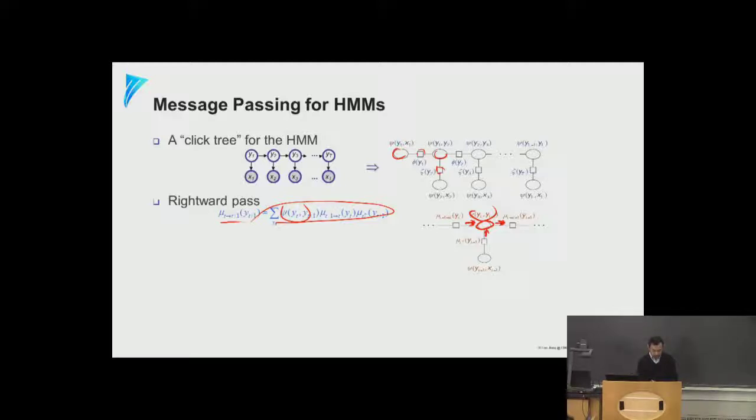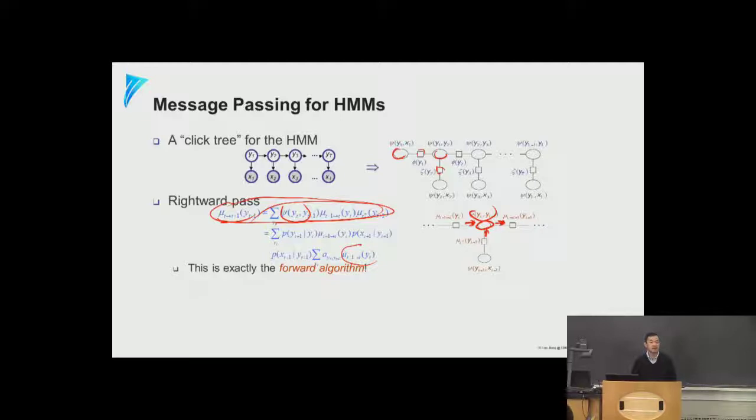But if you look at the structure of this definition of the message, it's actually the same as what we originally presented as the forward algorithm, where the message is recursively defined, computed based on the previous version of the mu message. By the way, what is the definition of the mu message?